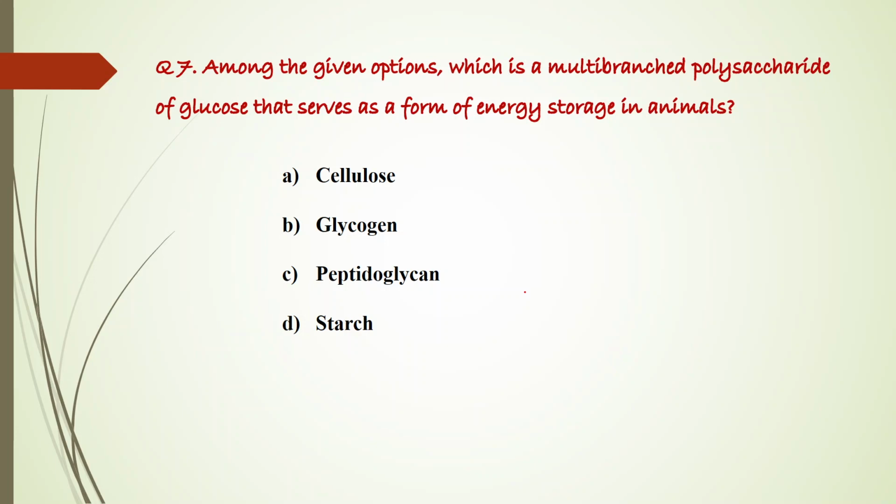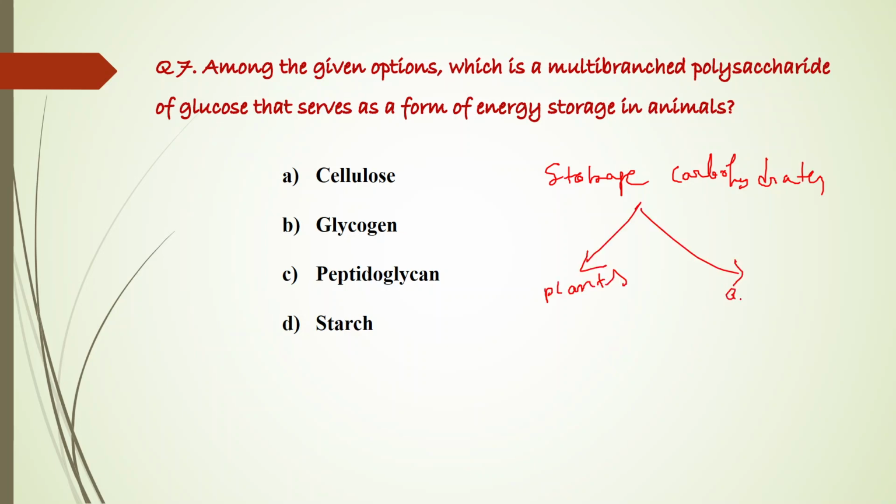Now, as we already know, let me just write it down here. We have our storage carbohydrates. They can be classified for plants or for animals. For plants we have starch, and for animals we have glycogen.